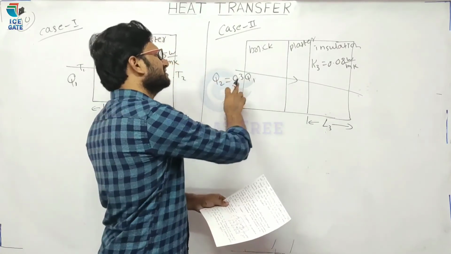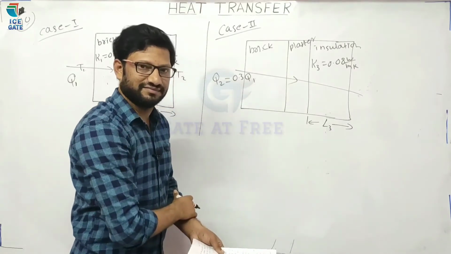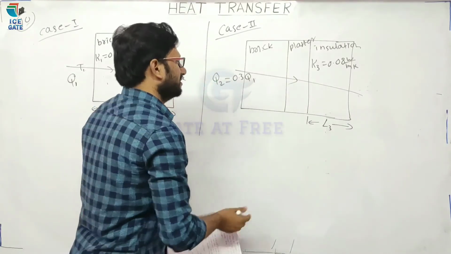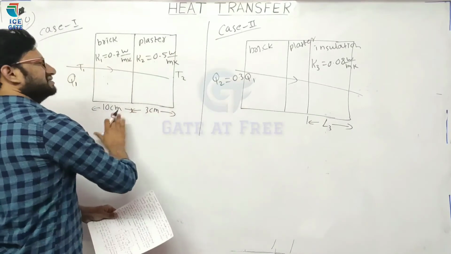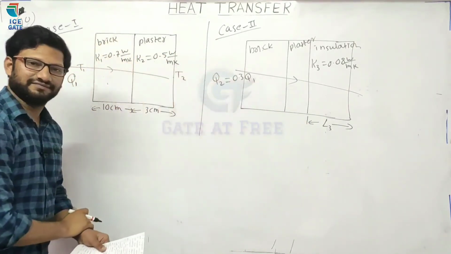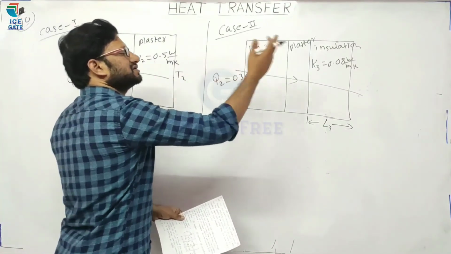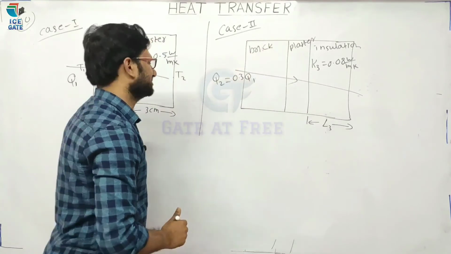Now what is the amount of heat transferring? 30% of Q1. Okay. Now the same thickness, 10 centimeter brick thickness, plaster 3 centimeter, and same thermal conductivity. Assume delta T is the same in both cases.